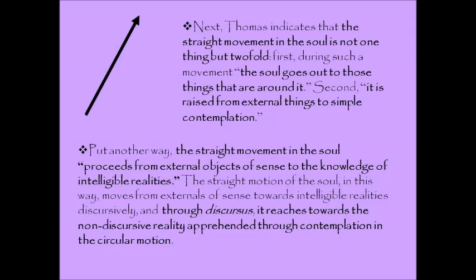Put another way, the straight movement of the soul proceeds from external objects of the sense to the knowledge of intelligible realities, from point A to point B. The straight motion of the soul, in this way, moves from externals of sense towards intelligible realities discursively, from point to point to point. And through discursus, it reaches towards non-discursive reality, apprehended through contemplation in the circular motion.